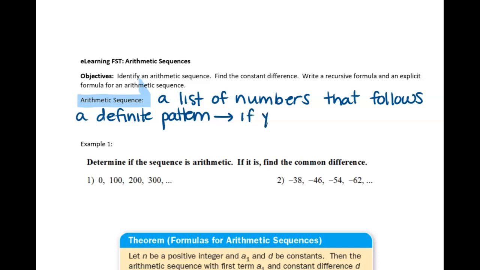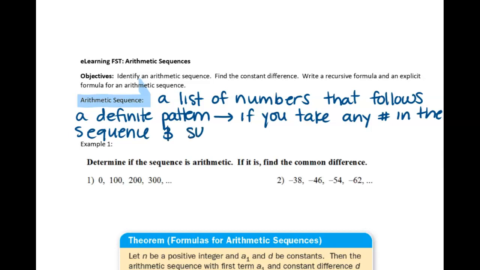If you take any number in the sequence and subtract the previous number, the answer is always the same.